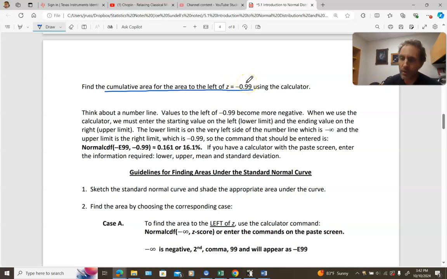So negative 0.99 is about negative 1. In other words, how much area is to the left of z equals negative 1? Or in other words, what's the probability that z would have a value that's less than negative 0.99?